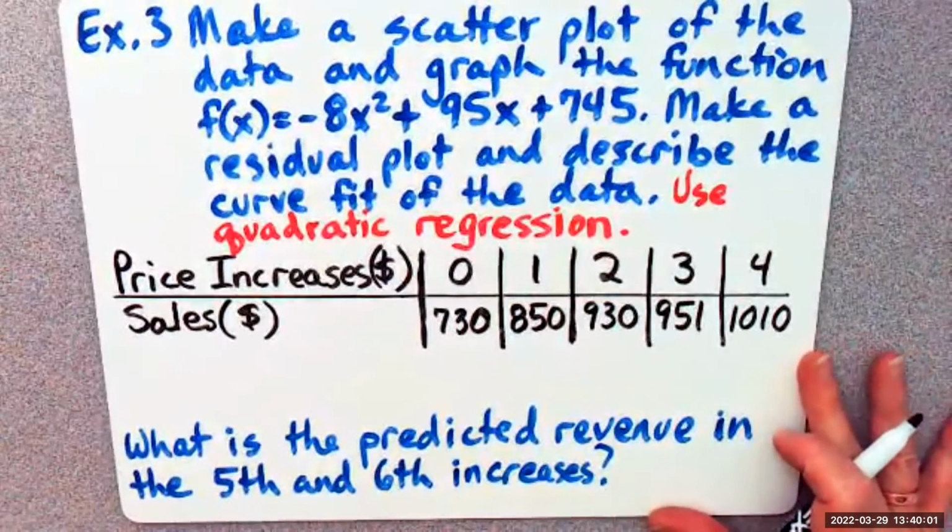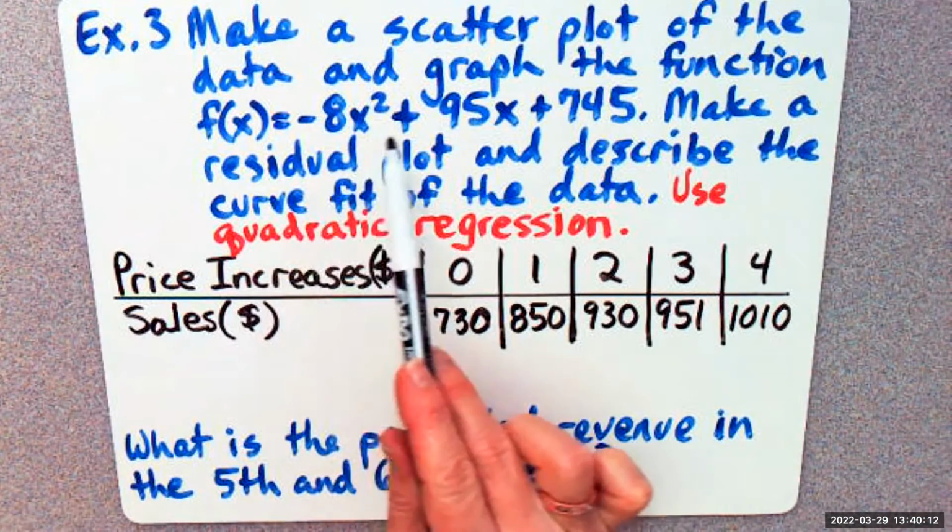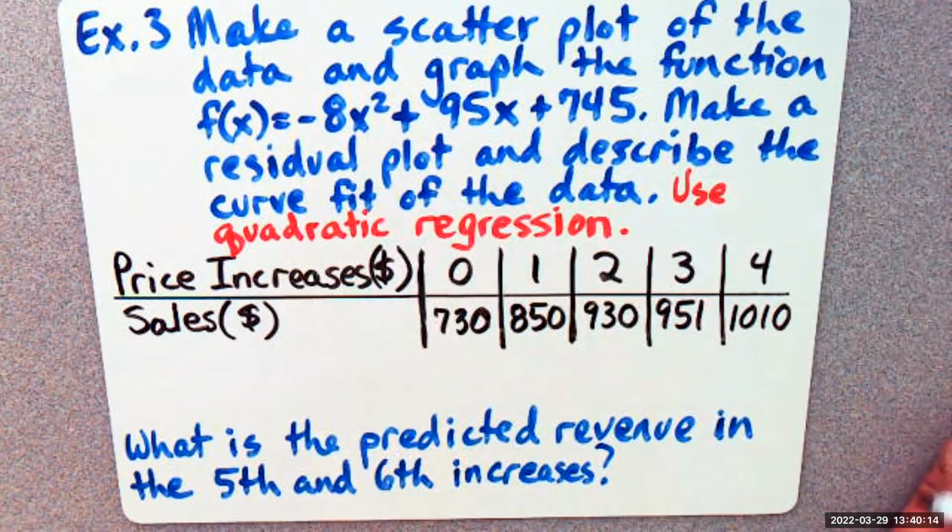All right, so example 3: we're going to make a scatter plot of the data and graph the function f of x equals negative 8x squared plus 9x plus 745. Then make a residual plot and describe the curve fit of the data, using a quadratic regression.